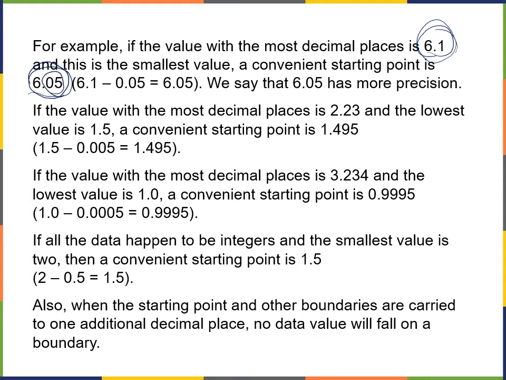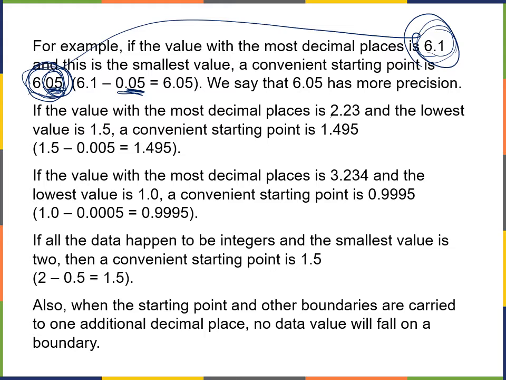That's got two decimal places, so we just happen to subtract 0.05 off. It's really random, but that will allow us to ensure that this first data value is in the first class. And by having two decimal places as our starting point, all the other classes will start at two decimal places, and it'll ensure that none of our data values fall in between two classes.